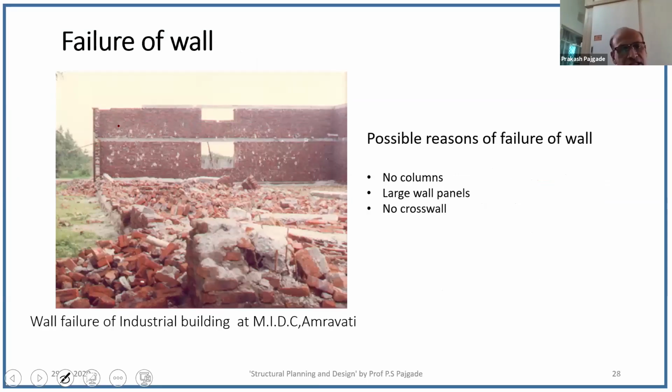This is one load-bearing building at MIDC Amravati. These dimensions are quite large. It's unsafe. Why was there a failure? Because the brick panel dimensions are quite large. If you do the calculation for wind load, the stresses at the base will be quite large. So same thing is possible here.